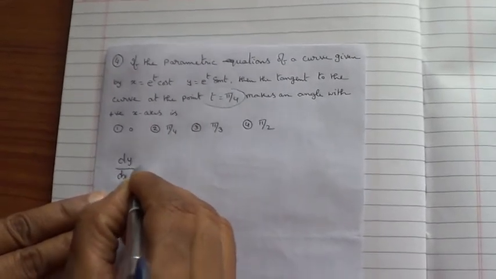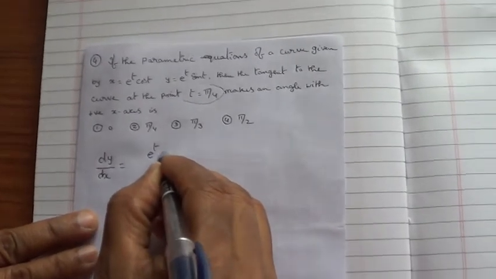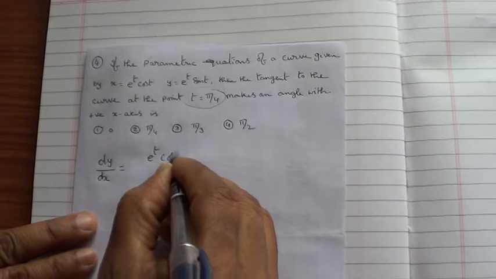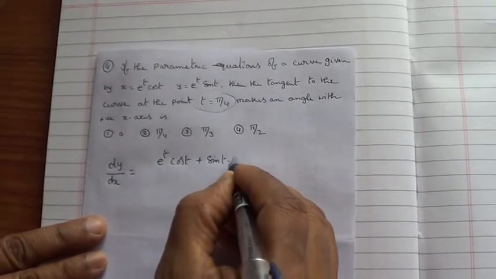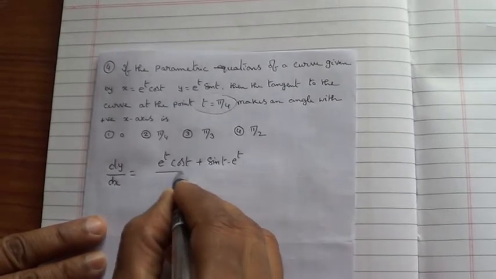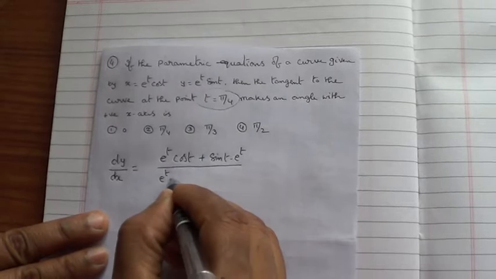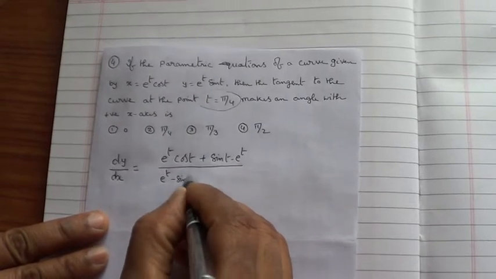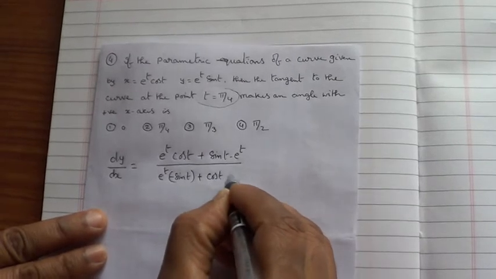Again the same, dy by dx means we have to find dy by dt: e power t into derivative of sin t, cos t, plus sin t into derivative of e power t, which is e power t, divided by dx by dt: e power t into derivative of cos t, which is minus sin t, plus cos t into e power t.